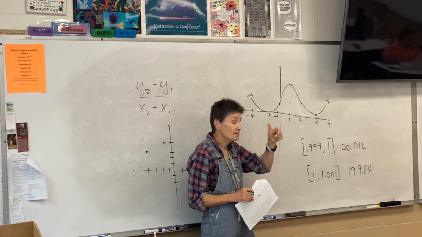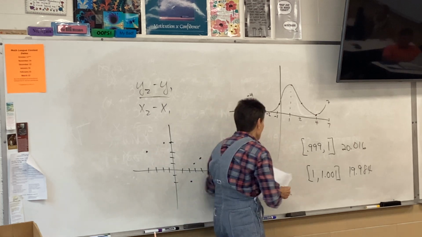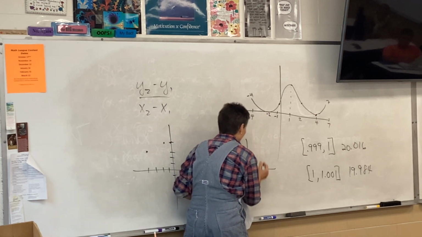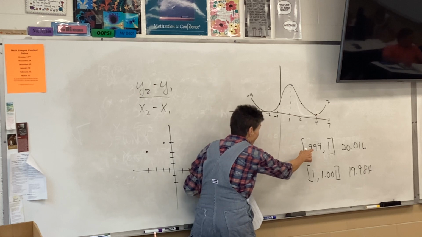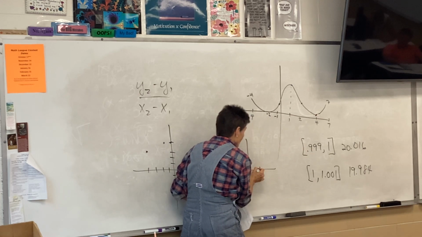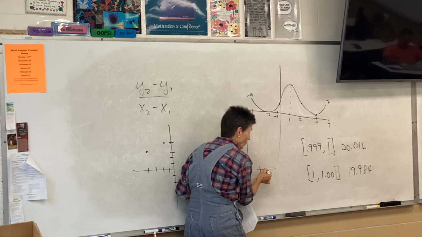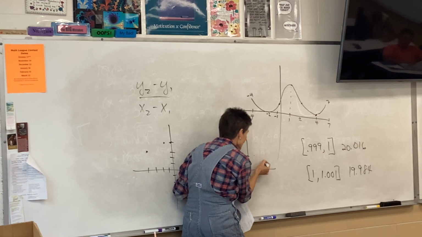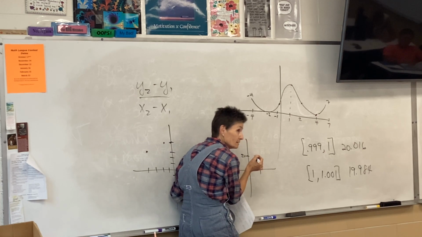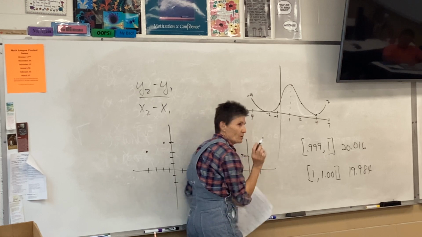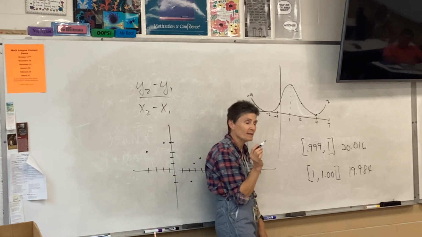So the instantaneous change at 1, now think about this. Here's 1. At 0.999, which is right here, I was a little bit more than 20. And at 1.001, which is right here, I was a little bit less than 20. Right? So at 1, where do you think I was? At 20, yeah.